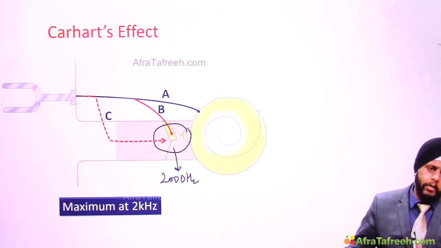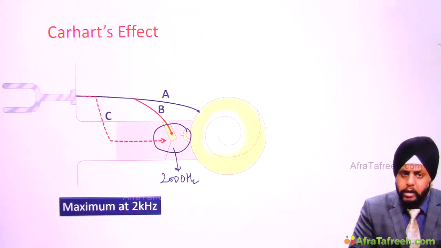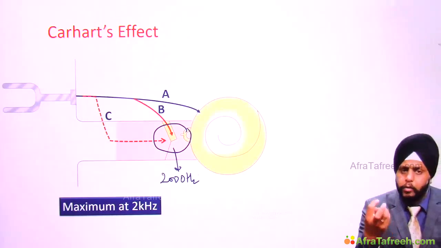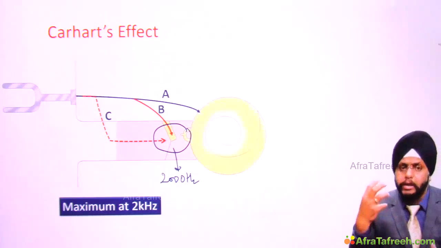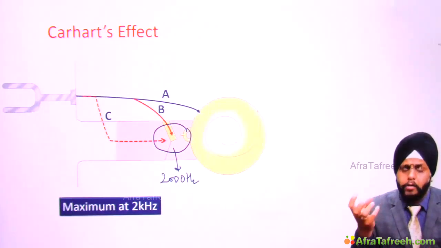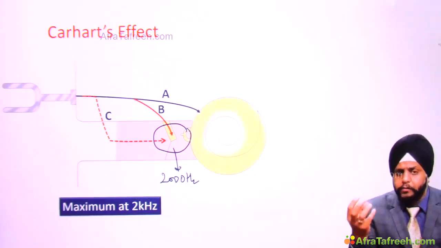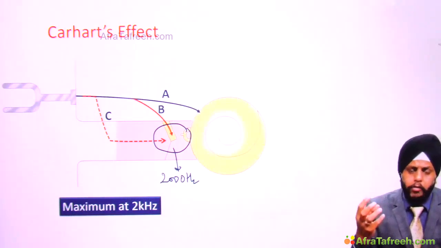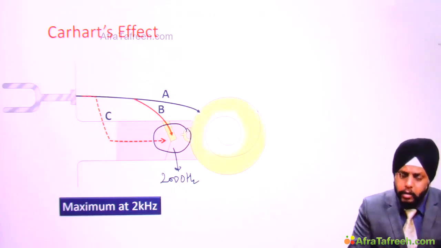So that means, will this notch be seen in other cases of conductive hearing loss? Suppose we have an ossicular chain discontinuity. Will it be seen over there also? Yes. This effect, Carhart's effect, was first found in patients of otosclerosis, so it has become associated with otosclerosis.